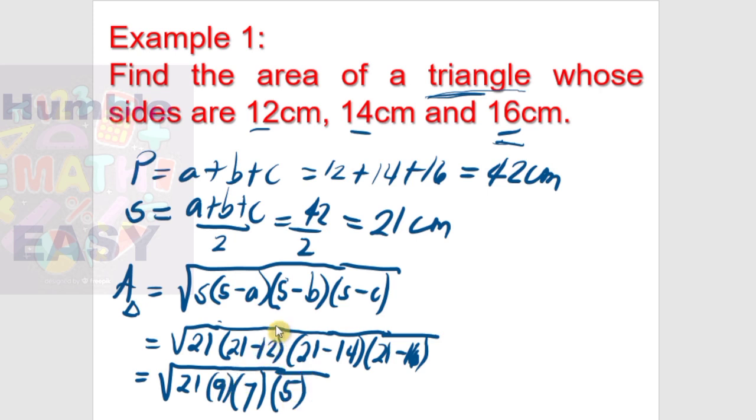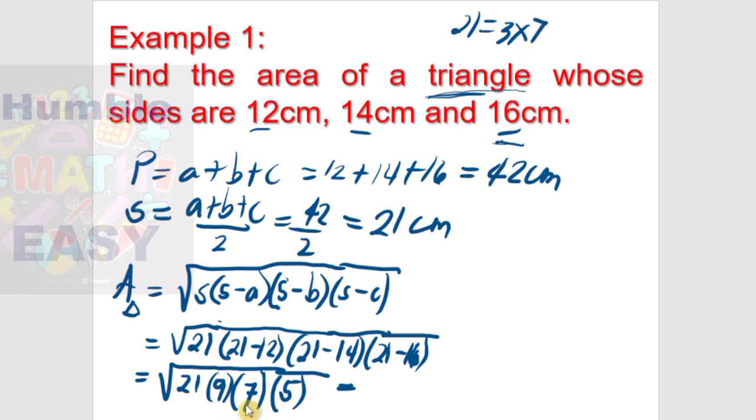So we now have 21 times 9 times 7 times 5. Take note that this 21 is just the same as 3 times 7.